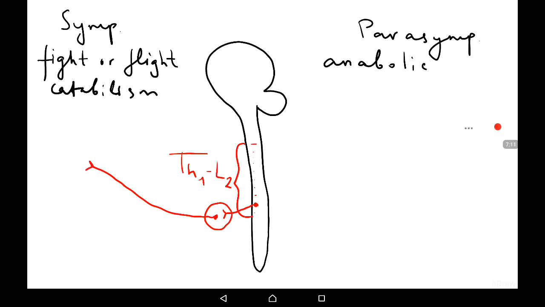That's why the localization of these ganglions may be characterized as paravertebral or prevertebral ganglions. They may constitute the so-called sympathetic trunk, the chain of ganglions parallel to the spinal cord. And postganglionic fibers in the sympathetic nervous system are long, as we can see, and they reach the innervated organ.